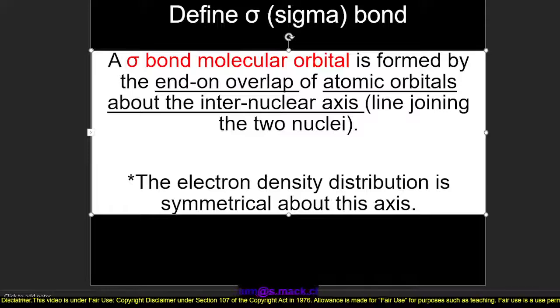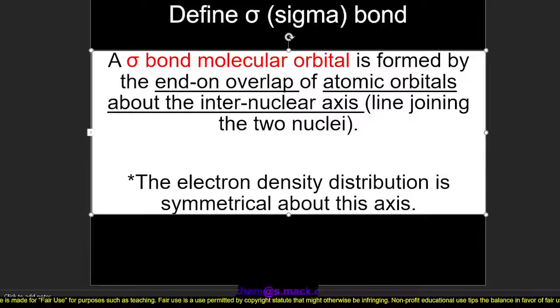What is the internuclear axis? It is a line which joins the two nuclei. Because of this end-on overlap of the atomic orbitals, we say that the electron density, electron cloud, is distributed symmetrically about the axis. This is our definition of a sigma bond.